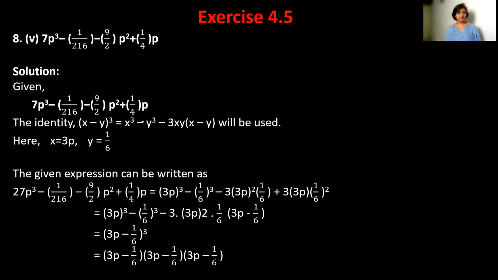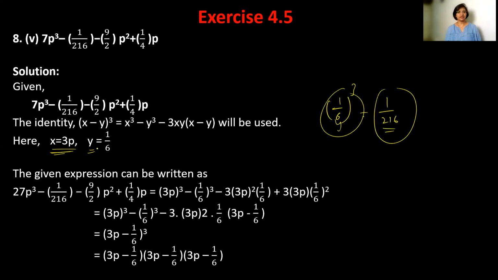So what we can write here, we can take from this expression x equals 3p and y equals 1 by 6. Why 1 by 6? Because if you write in the form of cube, 1 by 6 whole cube, what you will get? 216, right? So we have written it in this form, so this will become y. So y equals 1 by 6.